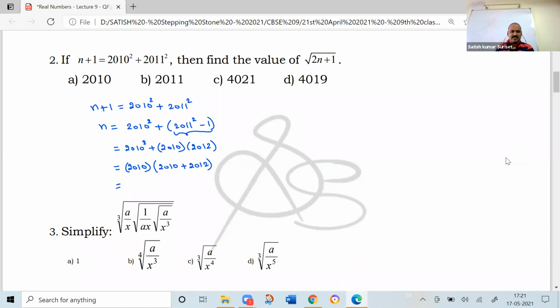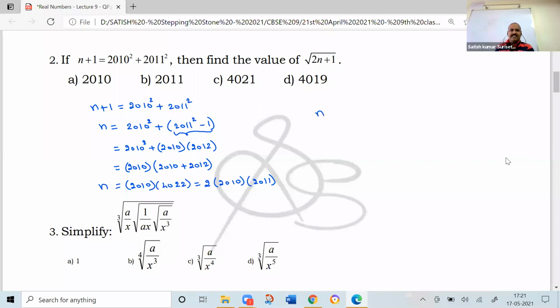Now 2010 into 2010 plus 2012 becomes now? 4022. Now, in this, if I take 2 common, then I can write it as 2 into 2010 into 2011. Can I write like this? Which is n.